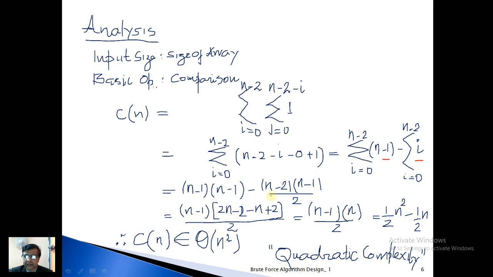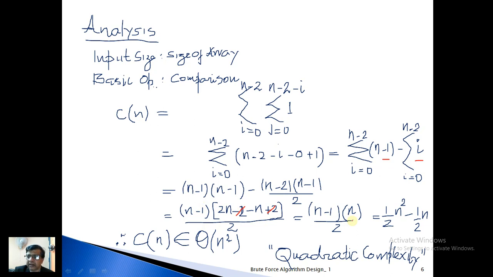Then we take n minus 1 as the common factor and 2 as the LCM. So 2 into n minus 2 minus n plus 2. Upon expanding, plus 2 and minus 2 cancel away, and 2n minus n gives us n, and n minus 1 is there already, divided by 2.